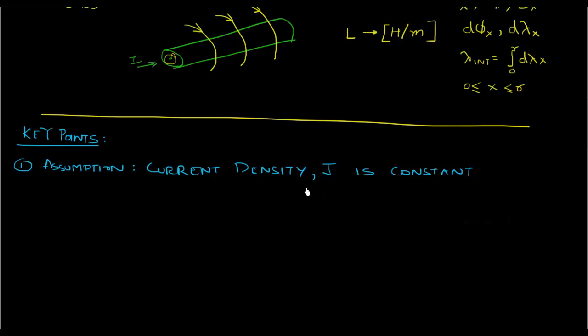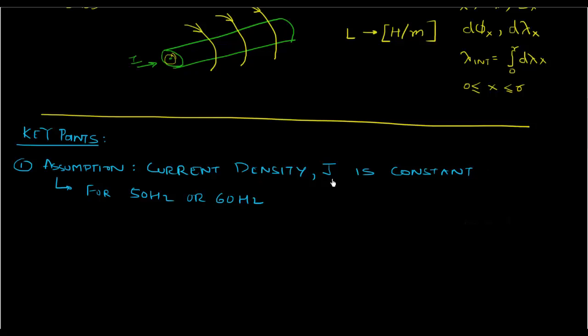Current density is not constant for an AC circuit; there's more current closer to the surface of the conductor. But we can make this assumption because for 50 Hertz or 60 Hertz systems, at those frequencies, this assumption holds true.